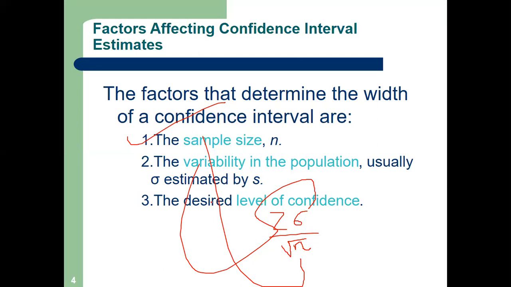No, sir. But what is this z? This z will depend on what? Try to understand the formula. If I increase CI, my z is going to increase. So actually confidence interval का भी इसमें effect है कि नहीं?